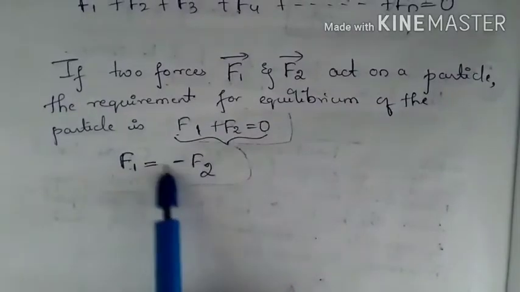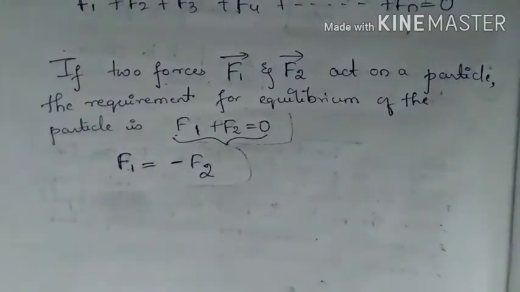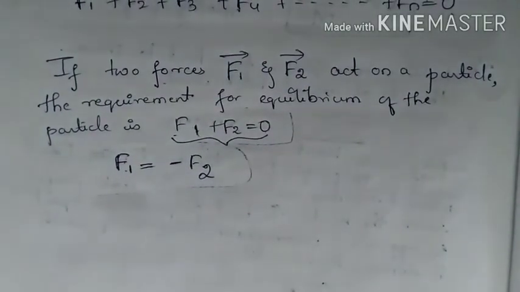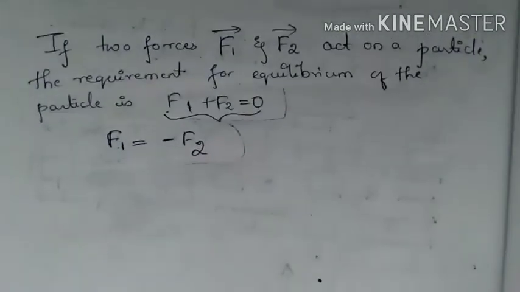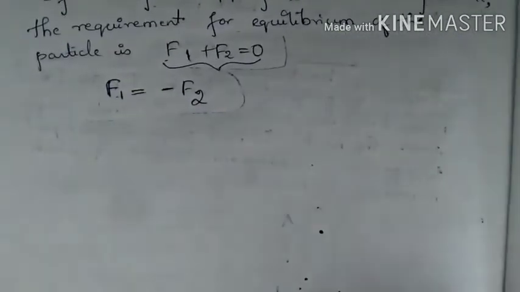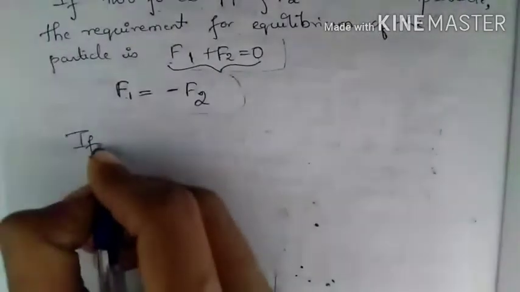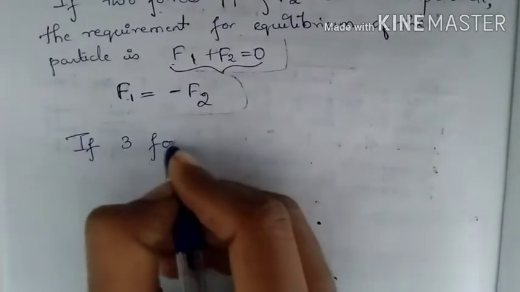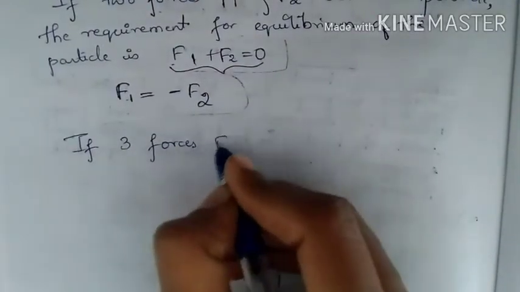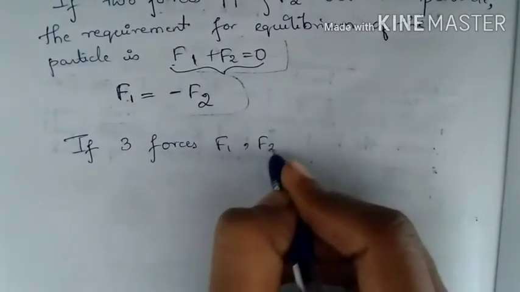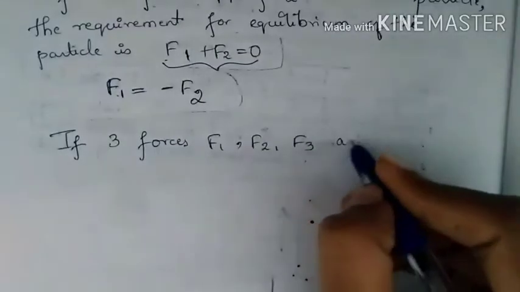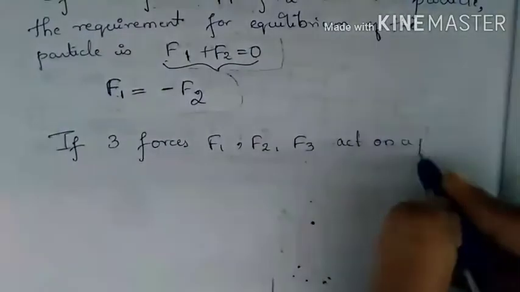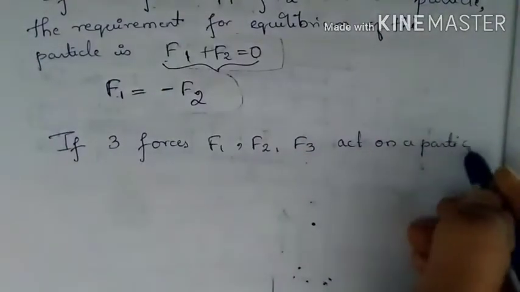Since there is a minus sign, I can say they are in opposite directions. This is the case for two forces. Now what will happen if we have three forces? If three forces, F1, F2, F3, act on a particle, then what will happen?